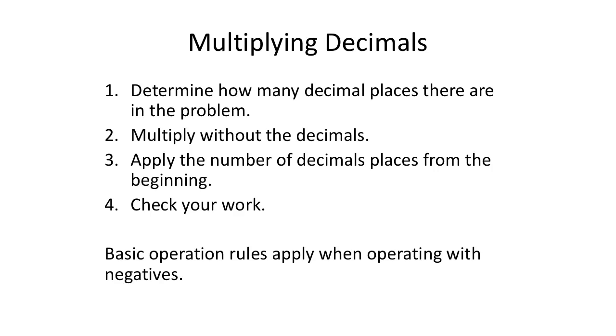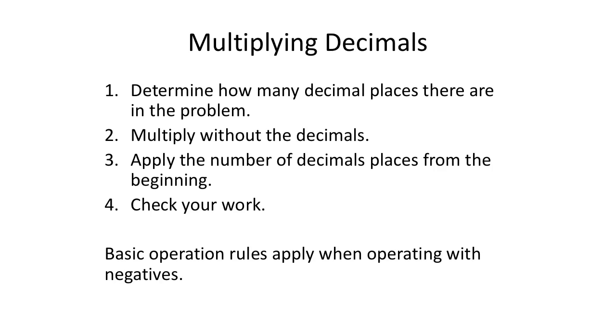Then you ignore the decimals and multiply them as though they were regular whole numbers. Once you get that product, apply the number of decimal places that you found from the beginning. And then the final thing you're always going to want to do is check your work, which we're going to be doing with the calculator.